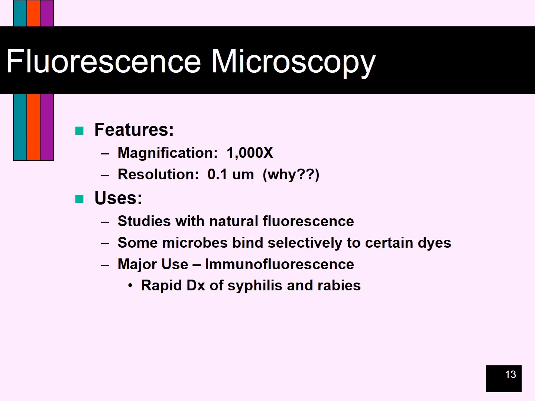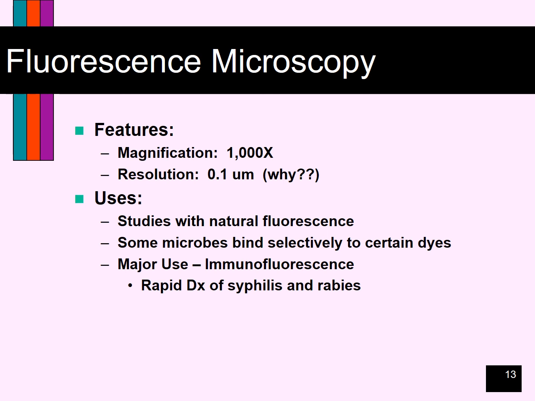So, this is considered light microscopy. It's using UV light as the illuminating source. The magnification would still be about 1,000-fold. But the resolution is 0.1 micrometers. That's a little bit better than the other 3 microscopes we saw.